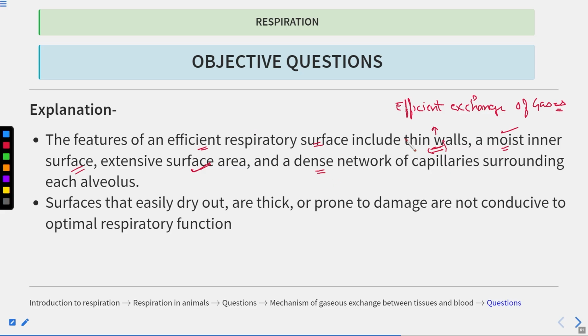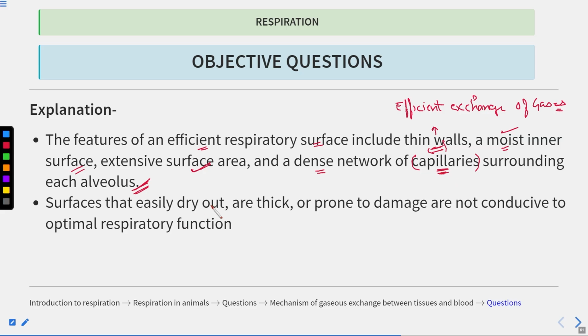And a dense network of capillaries should also be present surrounding the alveolus. Okay, so if we talk about the humans, then what happens? The alveoli or the alveolar sac contain the blood capillaries. And these blood capillaries have thin walls and they have the moist inner surface also. And it allows for the easy diffusion of the gases.